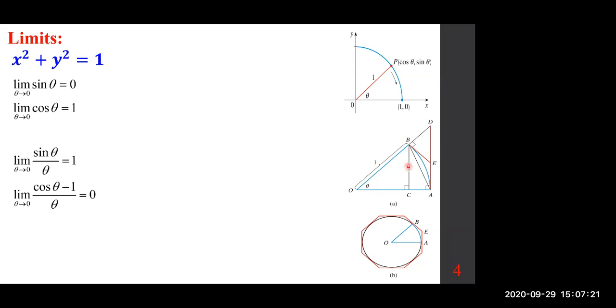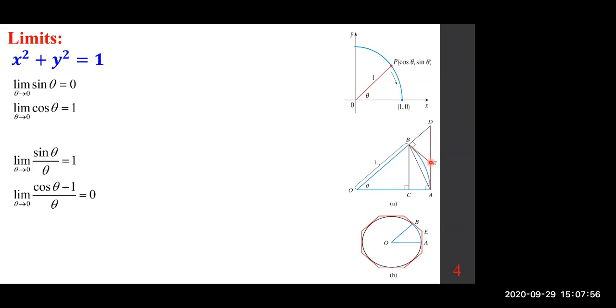So sine theta is less than theta. And this arc, if you combine AE and EB, the arc is less than that. And EB is less than ED because in this triangle, ED is the hypotenuse. In other words, the arc AB is smaller than this line AD.